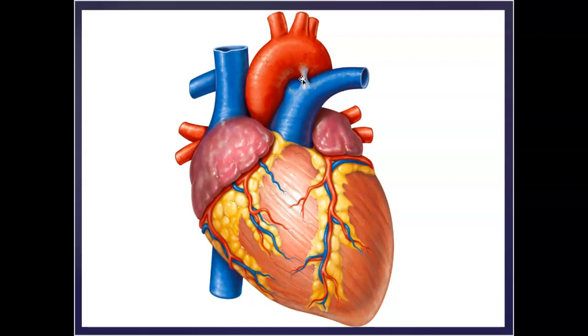Now in the womb, this was a vessel or a tube. Because the lungs were full of fluid in the womb and blood isn't getting oxygenated there, this was a bit of a bypass, so blood could go from the right ventricle out the pulmonary trunk, and instead of going through the pulmonary arteries to the lungs for oxygenation, it could just bypass that and go right into the aorta to be introduced into the systemic circulation.